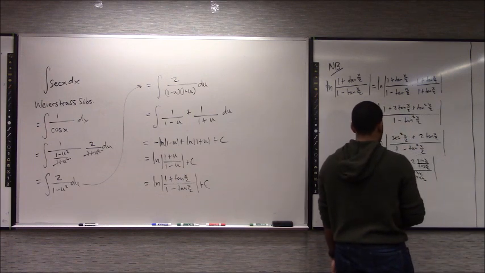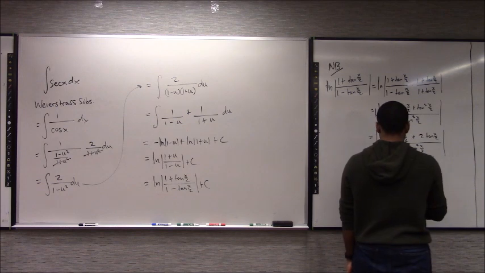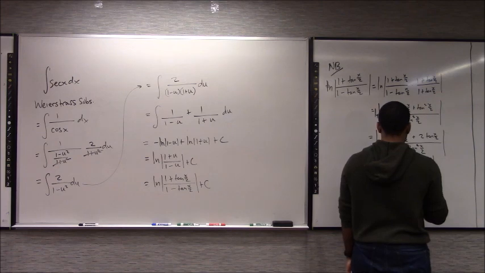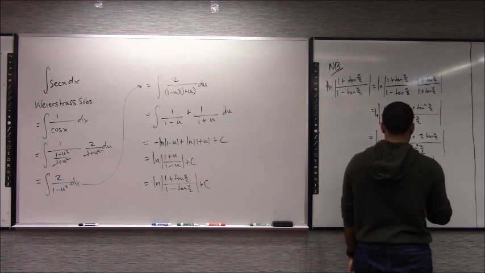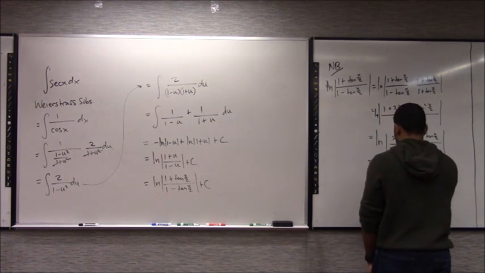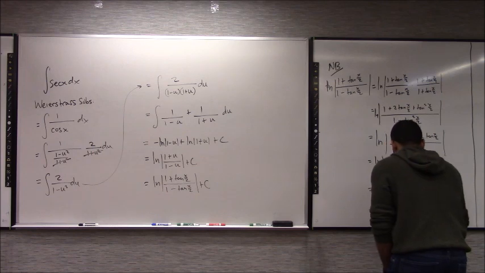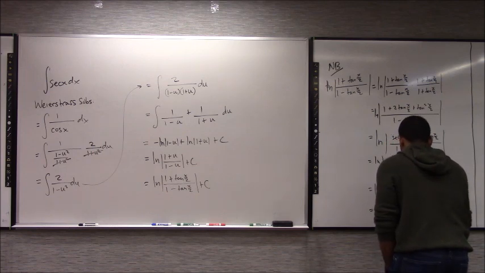Multiplying the top and bottom by cosine squared, I would end up with 1 plus 2 sine x over 2 over cosine squared x over 2 minus sine squared x over 2. Double angle formulas tell us that the denominator is just cosine x.